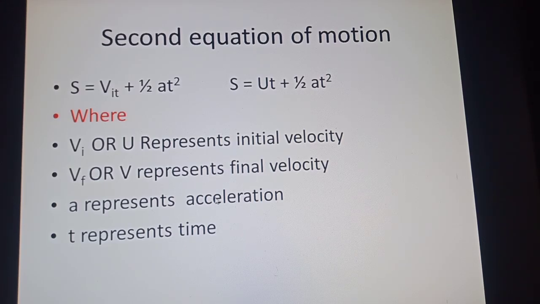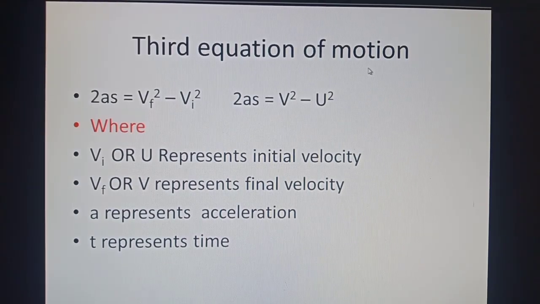A represents acceleration and t represents the time taken. This equation is usually used to find the distance traveled by the body if its initial velocity, acceleration and time are given.